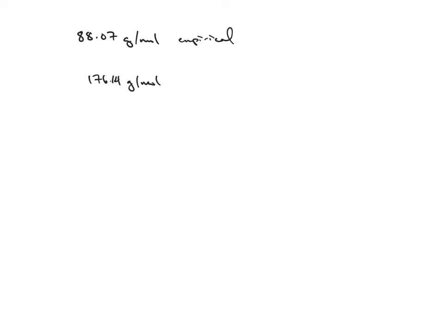So if you're wondering where that's coming from, that's where. Divided by 88.07 grams per mole. If you can picture ahead, you can see where this is going. That's a nice even 2.000 ratio, which means my molecular formula is 2 times the empirical.